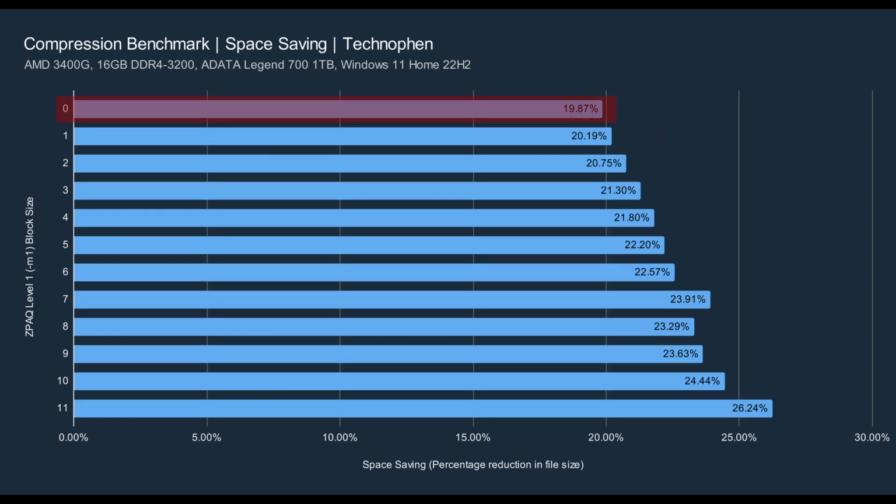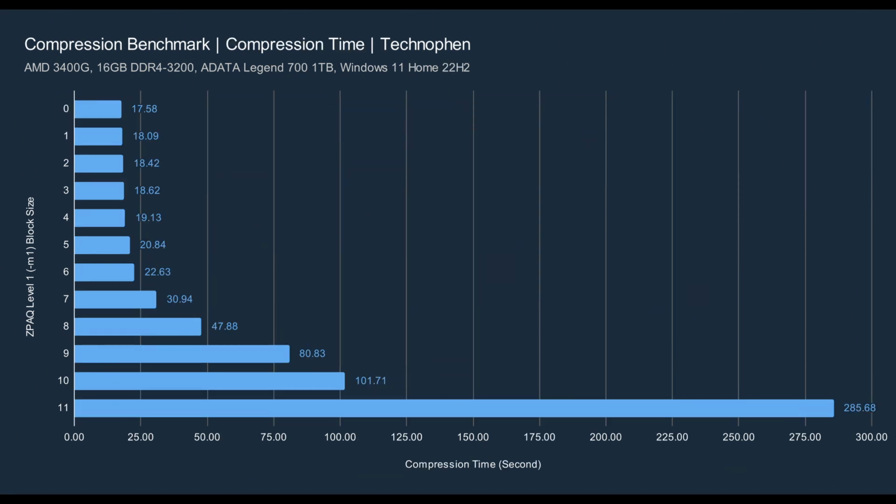We see a good start at 19.8% space saving and a meaningful increase by raising the block size up to 26%. It all seems good until you look at the compression time chart. Up to block size 8 seems reasonable, a bit less than a minute, but beyond that, it's just too much for small gains.